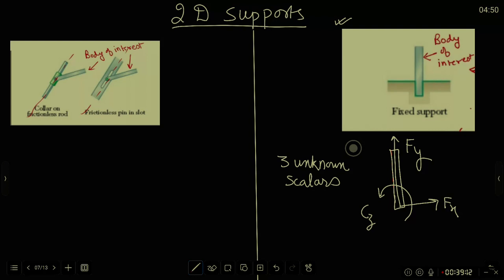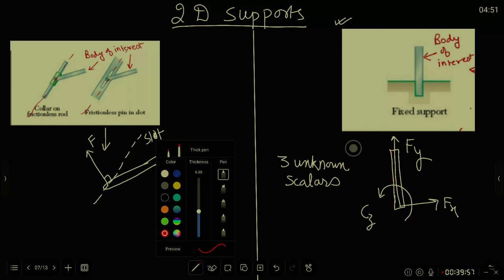Two more types of supports I have shown here on the left side of the figure. In this case, the FBD of the body of interest will have an unknown force in this direction. This direction is perpendicular to the slot. Here there is a pin, and this has freedom to go in these two directions.